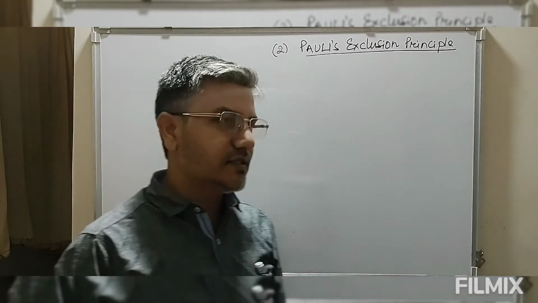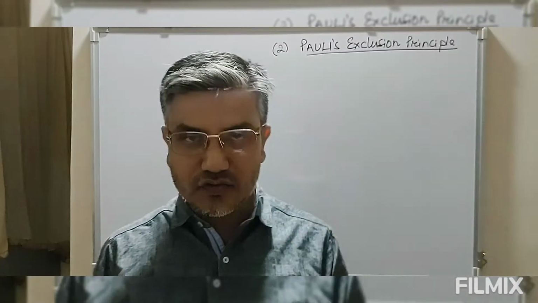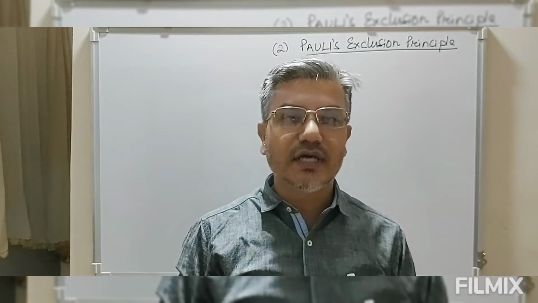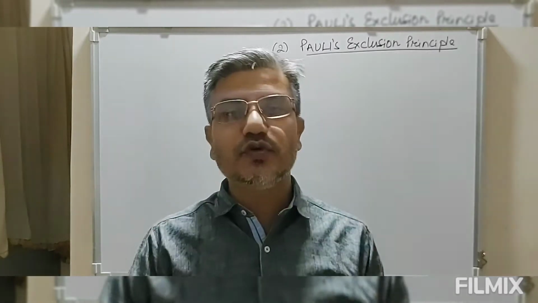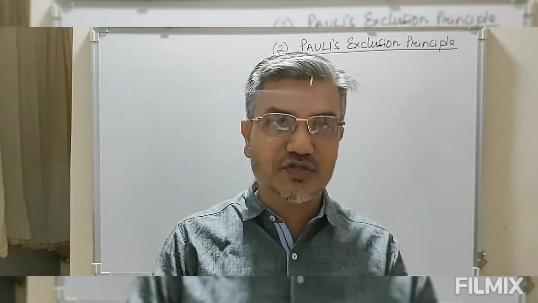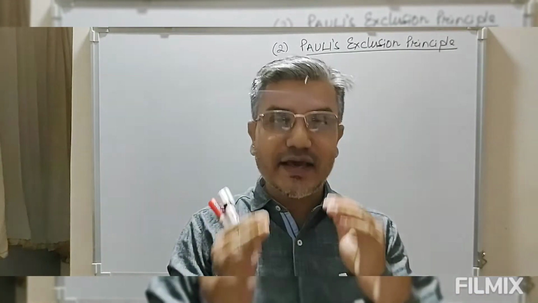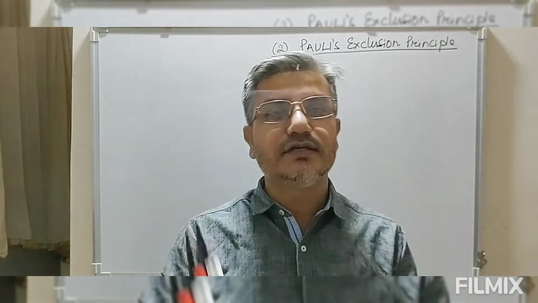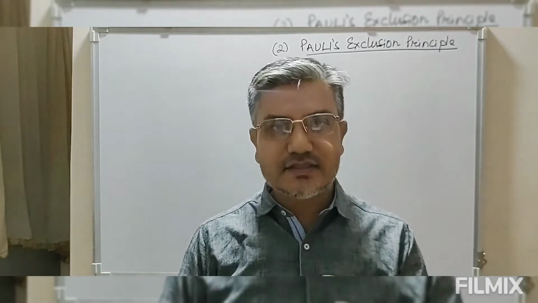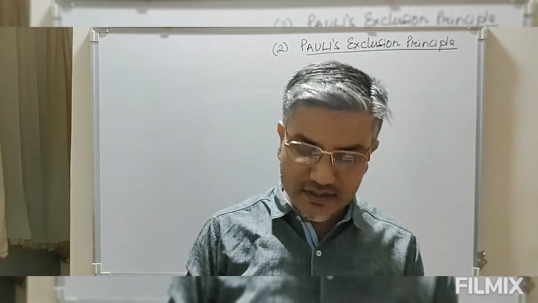This rule says that in any given atomic orbital, a maximum of 2 electrons can be placed, and these 2 electrons should have opposite spin. I repeat: a maximum of 2 electrons can be placed in any given orbital, subject to the condition that these 2 electrons have opposite spin.